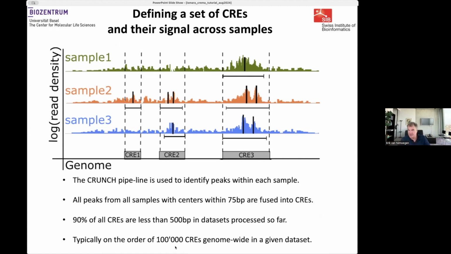And typically you get on the order of maybe up to 100,000 CREs in a given data set. By the way, that's quite a bit more than the number of active promoters. In a typical sample you maybe have 10,000 active genes, so 10,000 active promoters. You can have an order of magnitude more CREs that you detect in the genome.